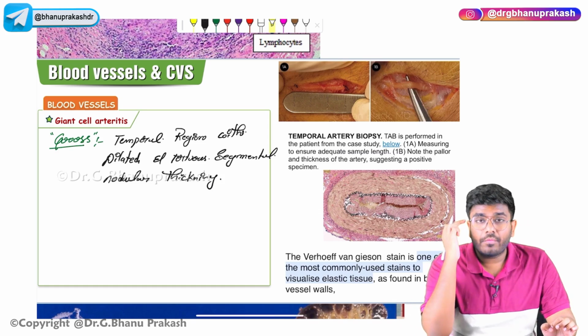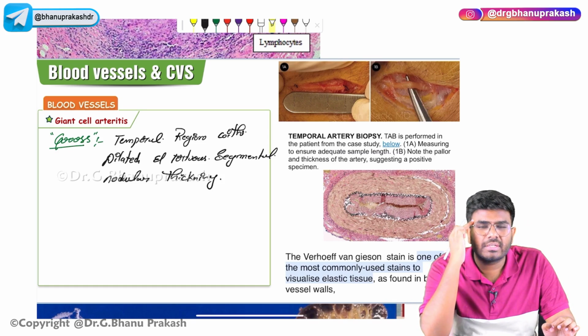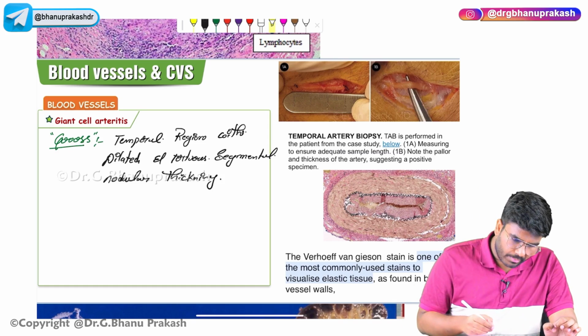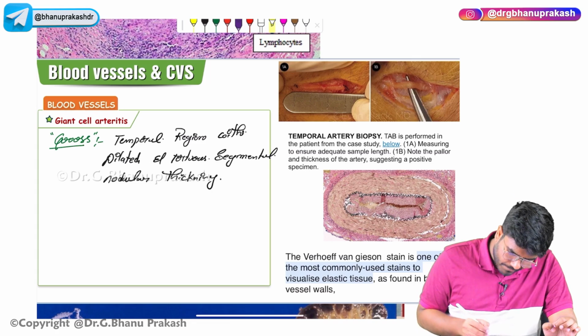Okay, so on the temporal region you can see segmental nodular thickenings on the gross morphology. But if you look under the microscopy, what can you see? Microscopic examination.